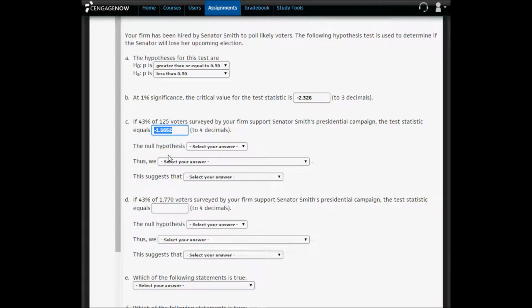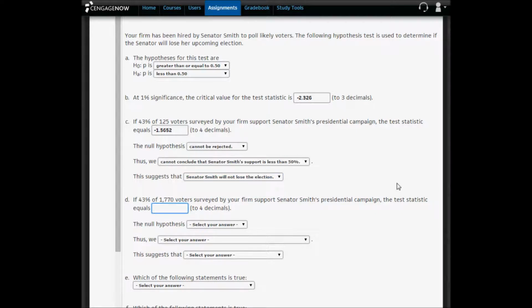Because the test statistic is greater than the critical value, we are not able to reject the null. Thus, we cannot conclude that Senator Smith's support is less than 50%. This suggests that the senator will not lose the election.